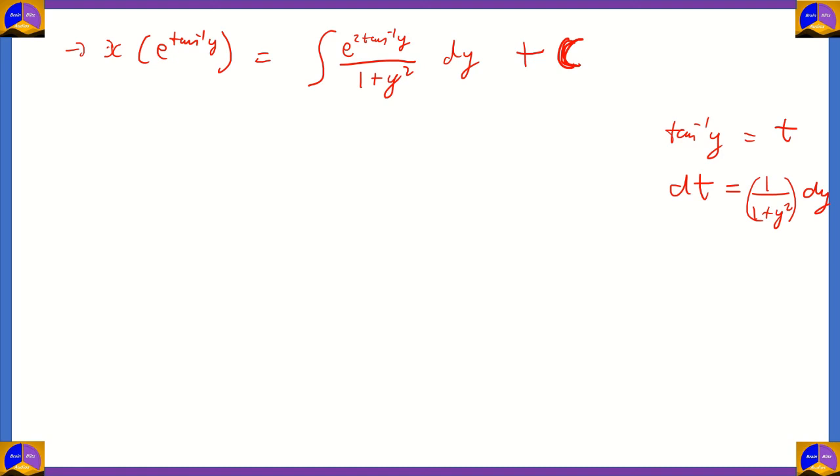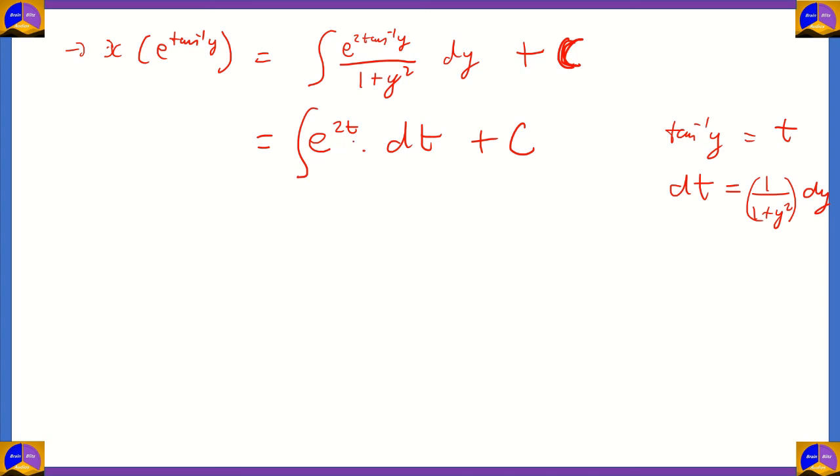So using substitution, we will substitute tan inverse y as t, and 1 by 1 plus y squared times dy as dt. So in this question you have the integral of e raised to 2t times dt plus c on the right hand side. There is an integral sign as well, so don't forget it.